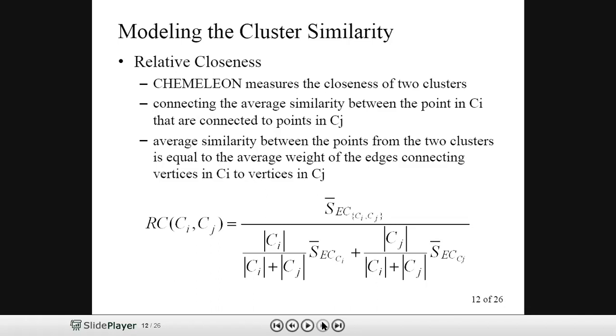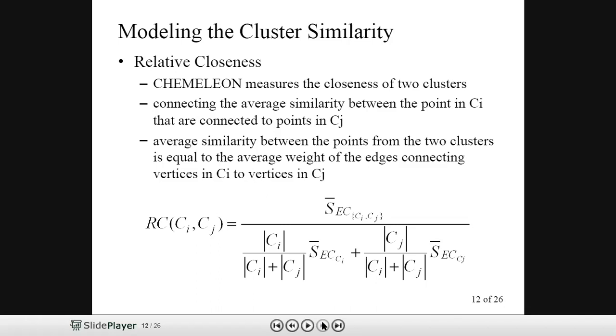In the denominator, the size of Ci upon the size of Ci plus Cj is multiplied by the average weight of the edges in cluster Ci, plus the size of Cj upon the size of Ci plus Cj times the average weight of Cj. Here S-bar EC(Ci) is also the same term used in the interconnectivity, meaning the average weight of the edges which partition the cluster Ci into two equal halves.